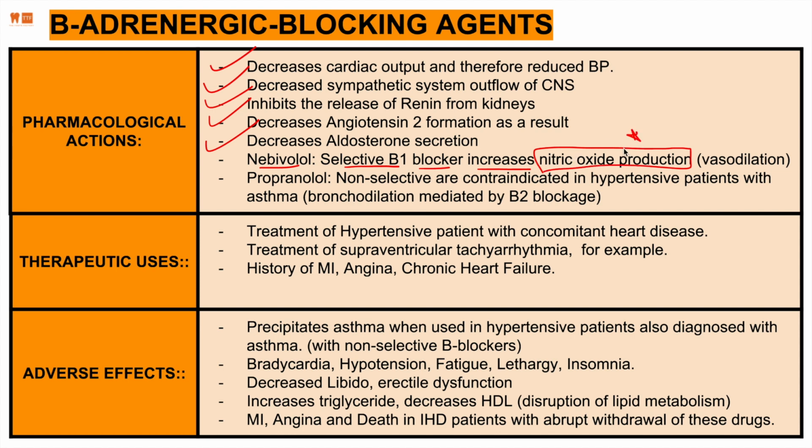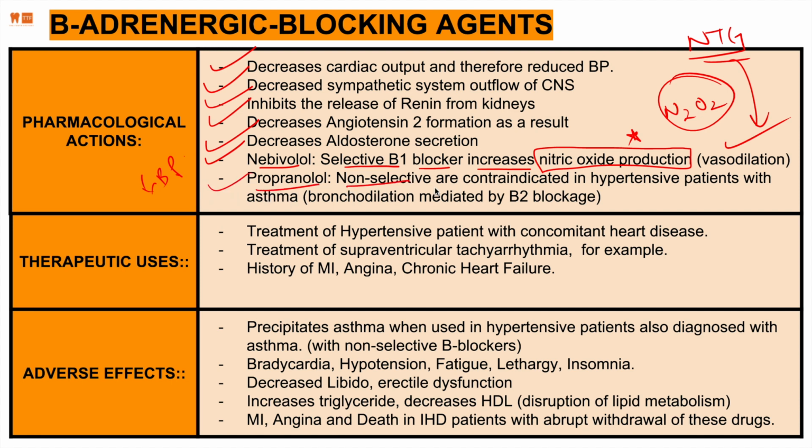It's a very important point: which beta blocker in the antihypertensive classification causes an increase in nitric oxide production? Vasodilation, right? Remember, nitroglycerin or nitrates, all of this causes vasodilation, hence reduction in blood pressure.